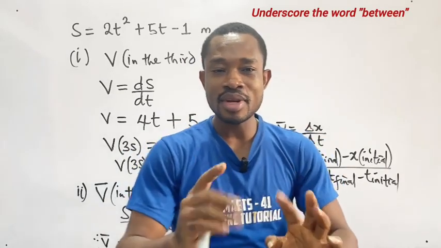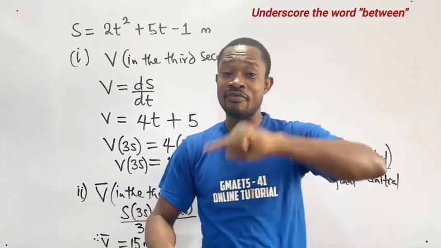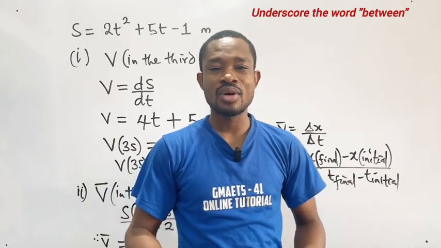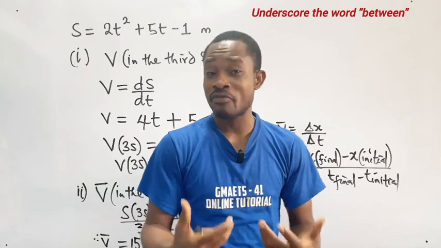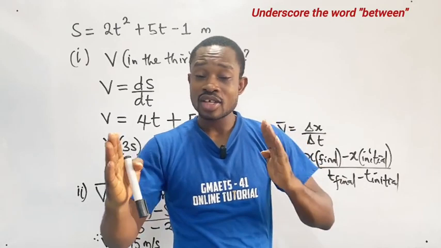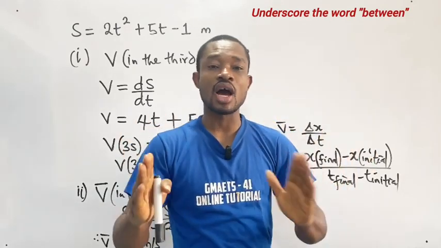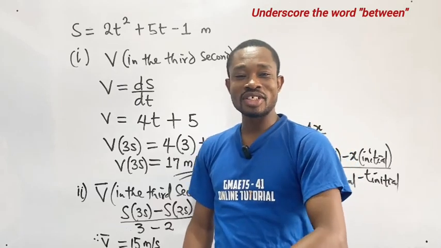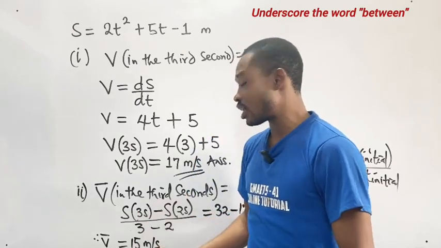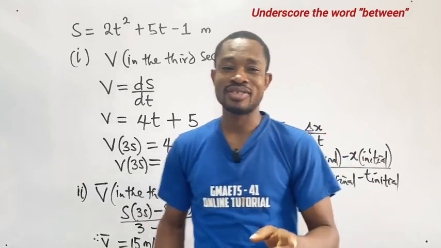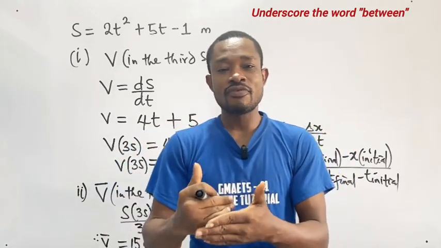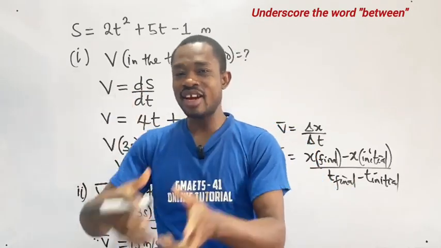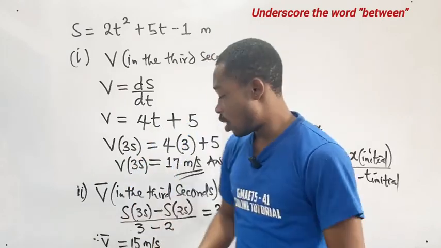So even though the examiner didn't use average velocity in the fourth part of this question, you should know that you're actually calculating average velocity, because we are asked to find velocity between two times. Therefore, that fourth part is actually the same as the second part of our question, which means the answer to the fourth part, find the velocity between the second and the third second, will be what?